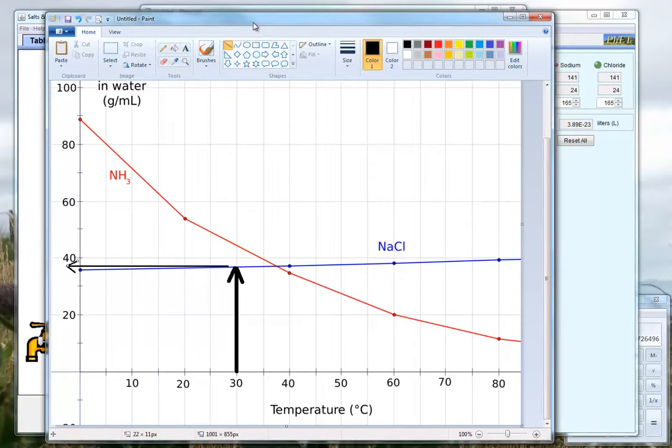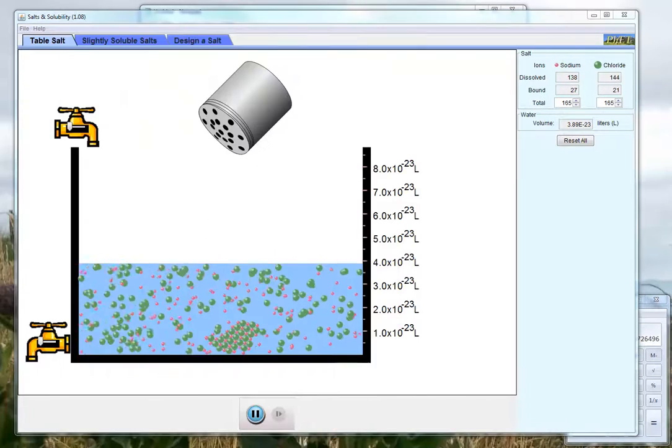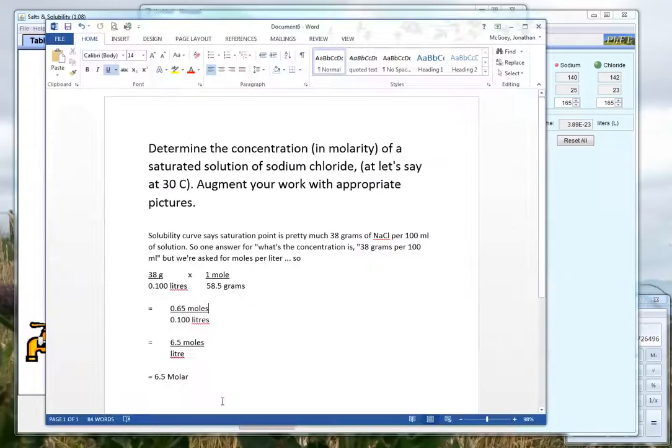I said arbitrarily in the question, let's do 30 degrees Celsius. So I found 30 degrees, tracked up here, tracked across here, and I'm going to declare this value in here to be about 38 grams per 100 mL. So let's go back to here, and that's where we got our 38 grams per 100 mL.